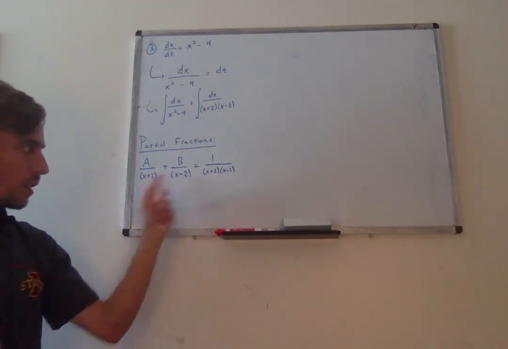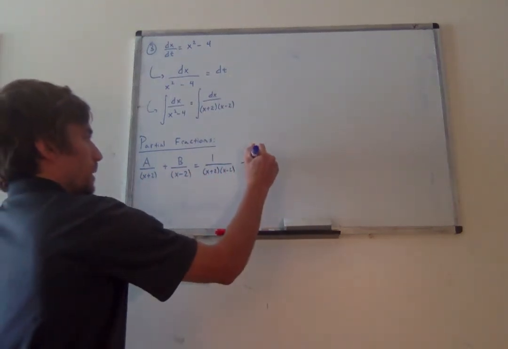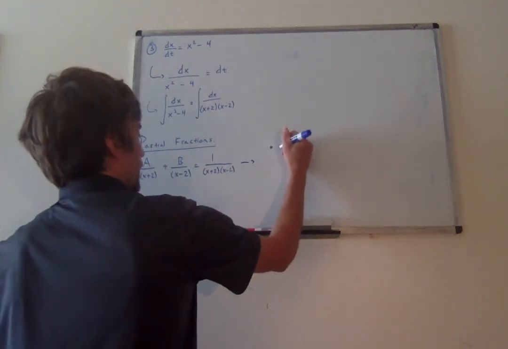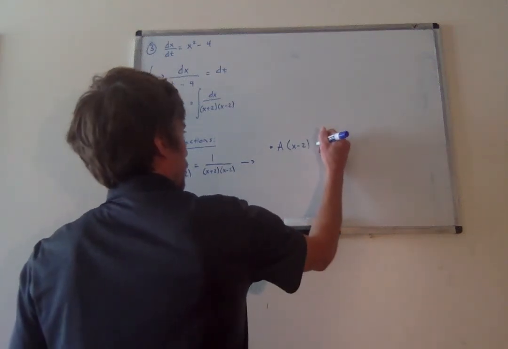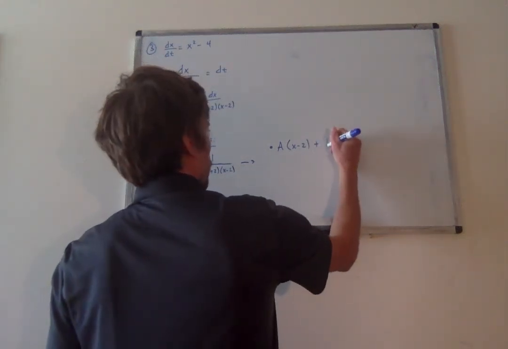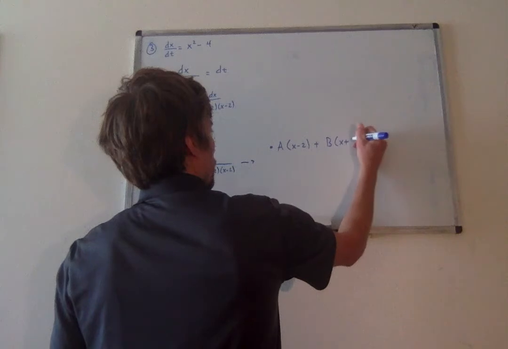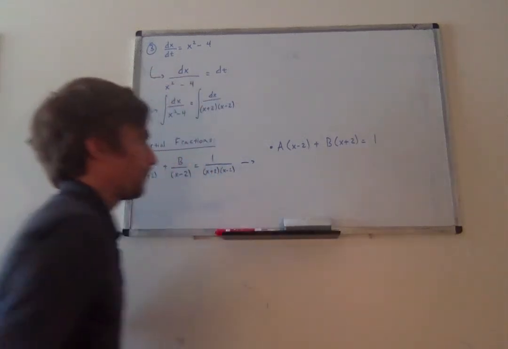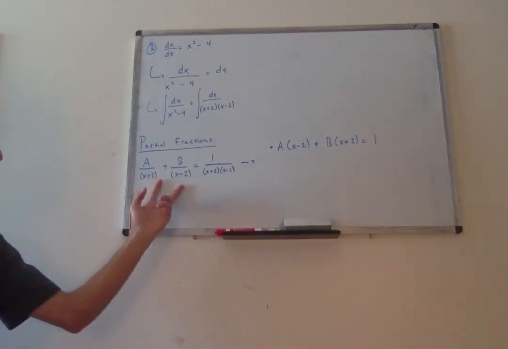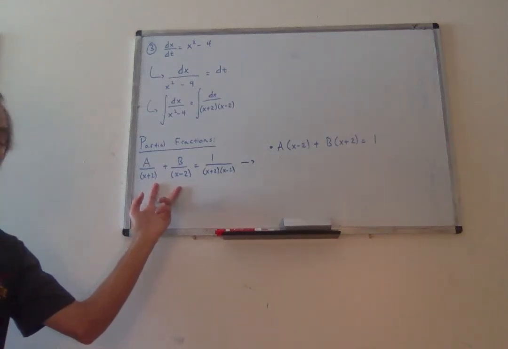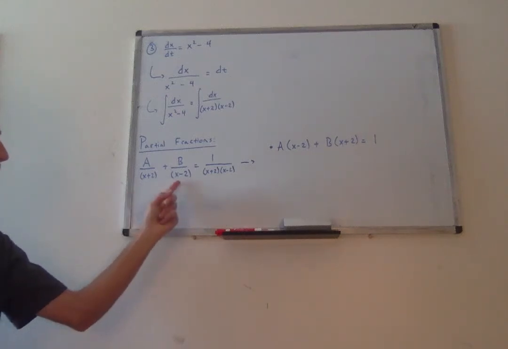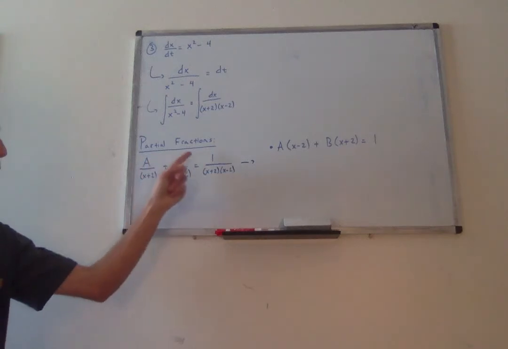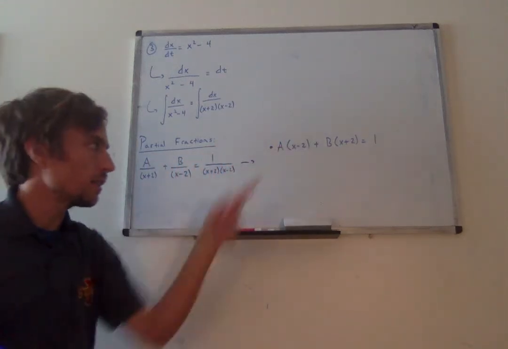So if this sum is equal to this, this means I get an equation which must be satisfied: A times x minus 2 plus B times x plus 2 is equal to 1. Because when I sum these two, I'd create a common denominator, multiplying this fraction by x minus 2 over x minus 2, this one by x plus 2 over x plus 2, and then the numerators would have to sum to 1.